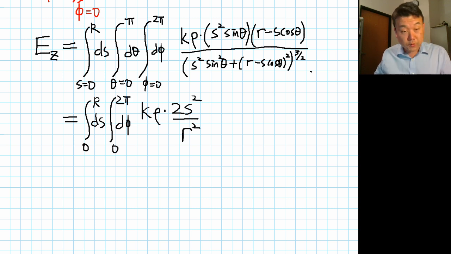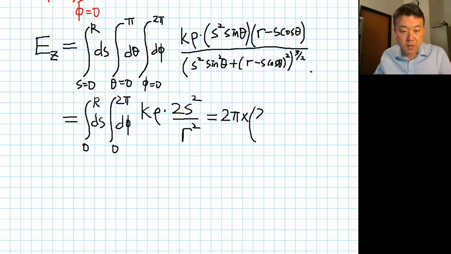And you know what? The rest of this integral seems doable. So for phi, all this expression does not depend on phi. So it just works out to be multiplying by 2 pi. The integral with respect to s, well, s squared, I know how to integrate that. So let me write out multiplication by 2 pi for the phi integral times, let me write out all the constants that I would factor out.